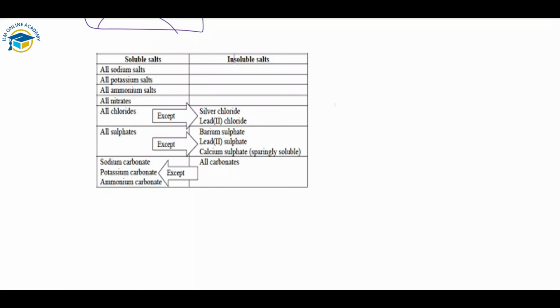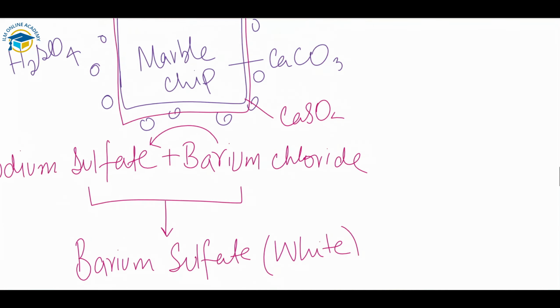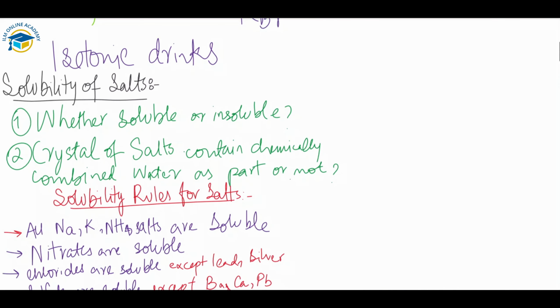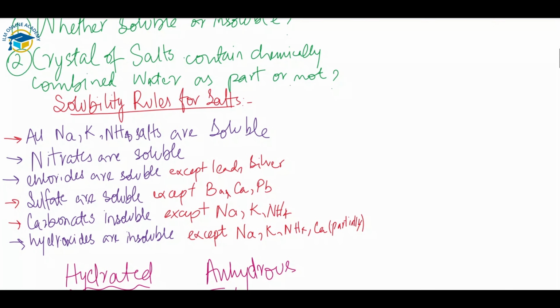There are generally solubility rules that apply to the various different types of salts, and these are the solubility rules for the salts. Then we read about the hydrated substance and the anhydrous substance.